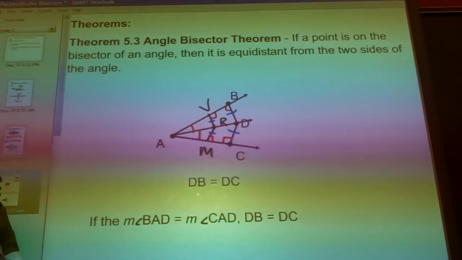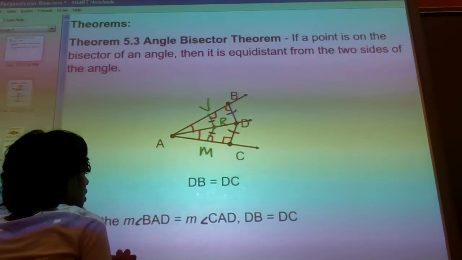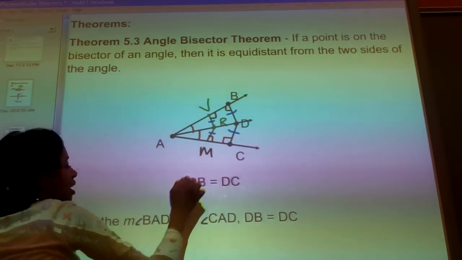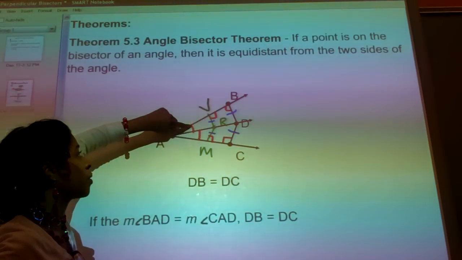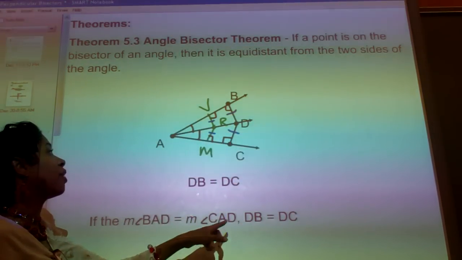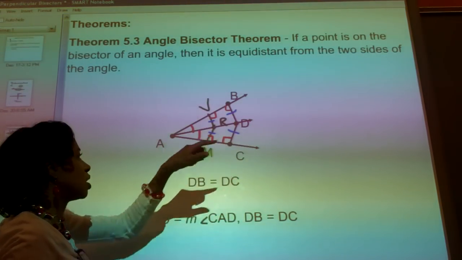Before I get to the converse, DB is equal to DC. If the measure of angle BAD, this angle here, is equal to the measure of CAD, the second lower half, then DB is equal to DC.